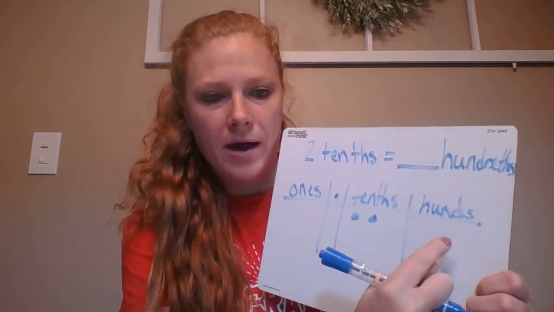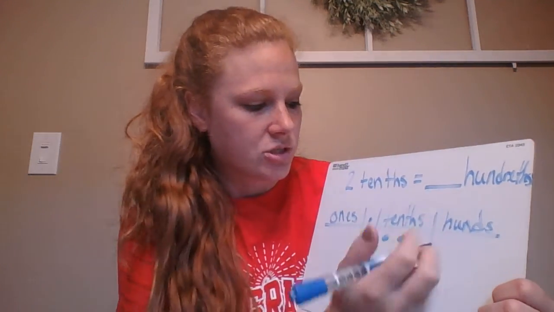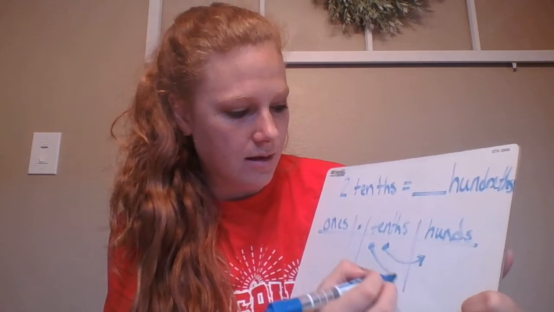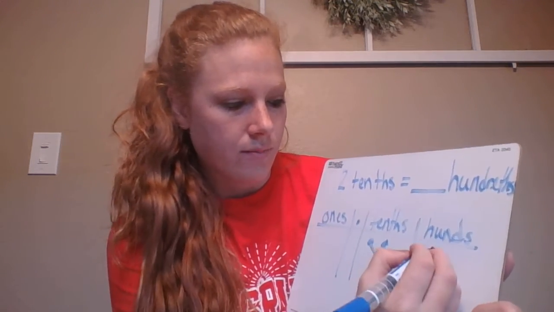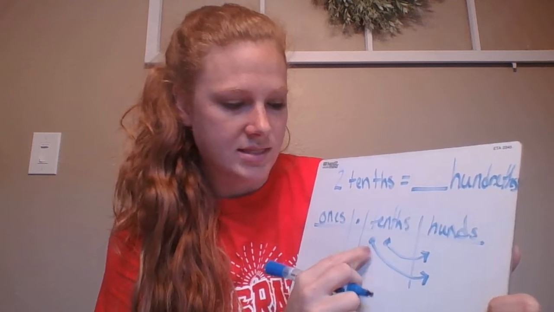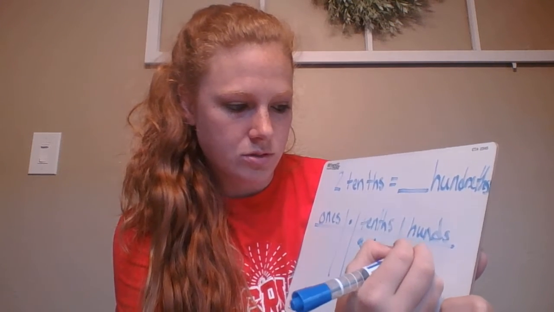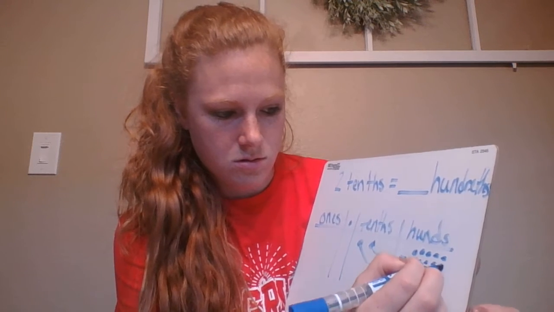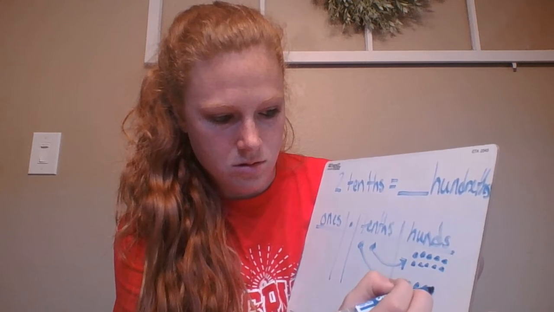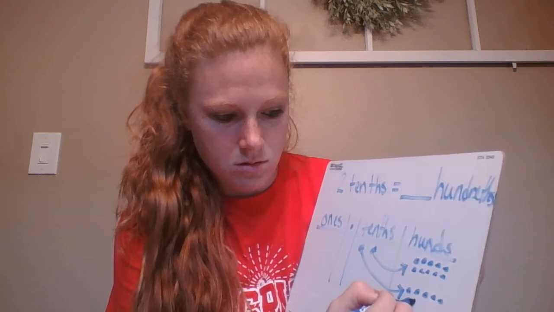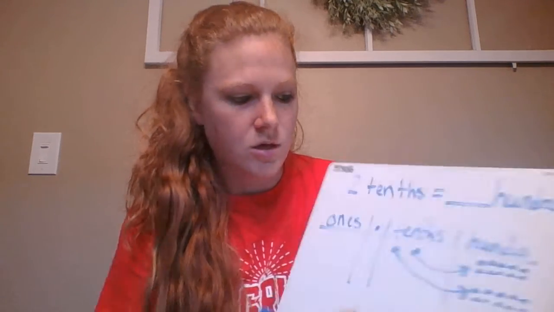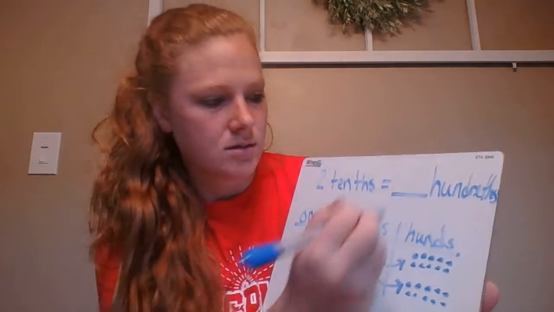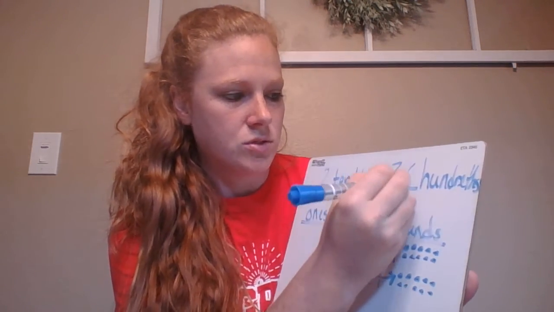When we're moving backwards like that, it's actually 10 times as many dots. So I'm going to put 10 for this one and 10 for that one. So 1, 2, 3, 4. So 2 tenths is the same as how many hundredths? The same as 20 hundredths.